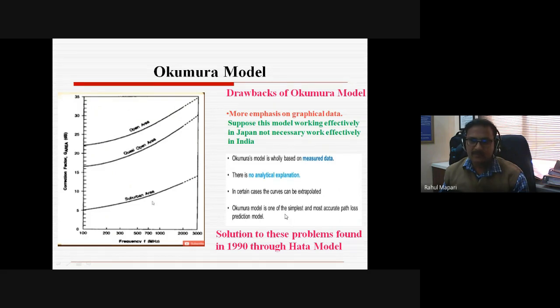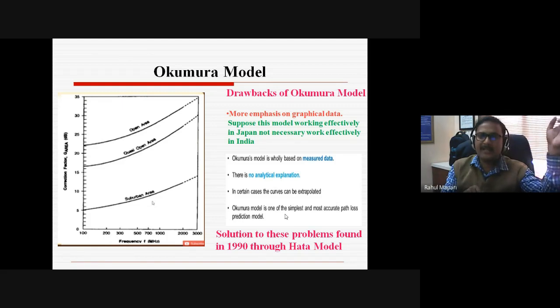The Okumura model was one of the simplest and most accurate path loss prediction models at the time of 1968. But as it depends mostly upon the graphical values and is extrapolated, it is considered inaccurate after 1968.